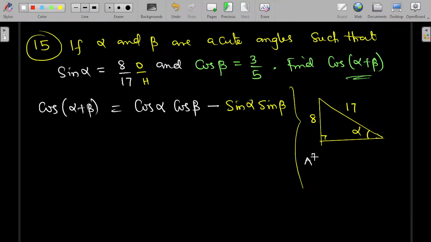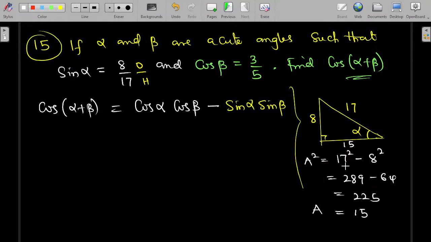So adjacent squared is going to be hypotenuse squared, which is 17 squared minus 8 squared. So 17 squared is 289. 8 squared is 64. And if you subtract, you are going to get 225. So our A alone will be the square root of 225, which is 15. So our adjacent is 15.